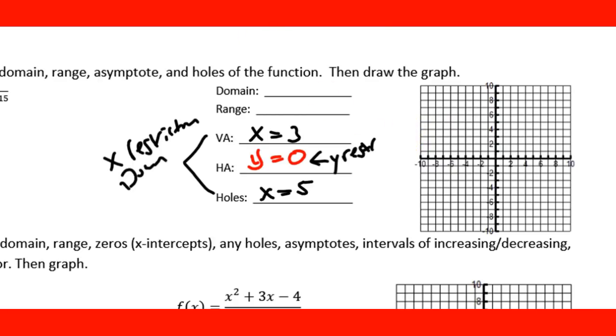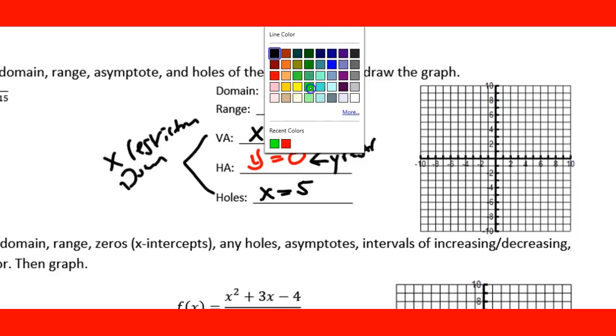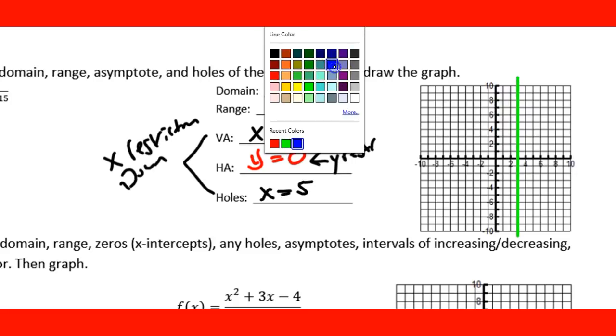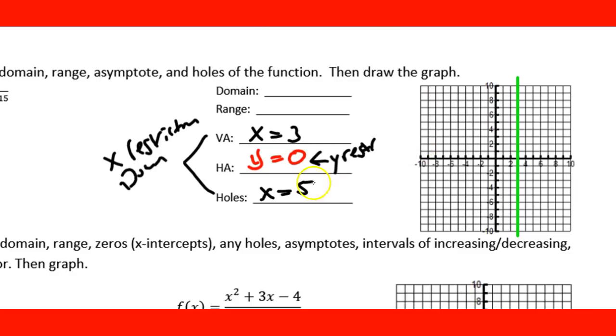We have a vertical asymptote at 3. So 1, 2, 3, x is 3. Alright, there's our vertical asymptote. And then we have a horizontal asymptote at 0, y is 0. So right here. Alright, we don't go up or down, we just stay right here. So y equals 0 right there.